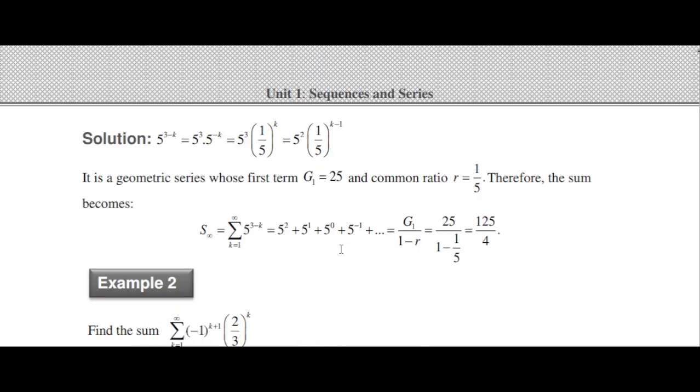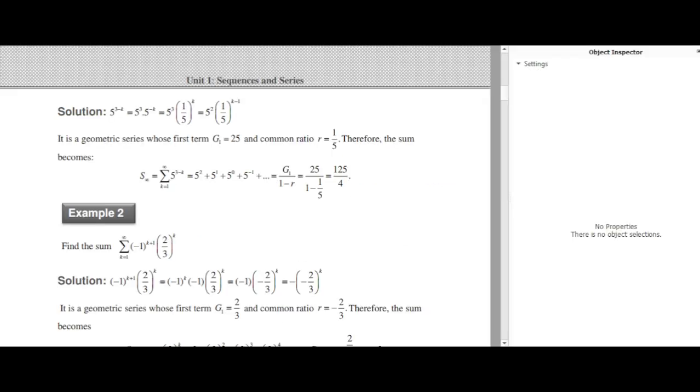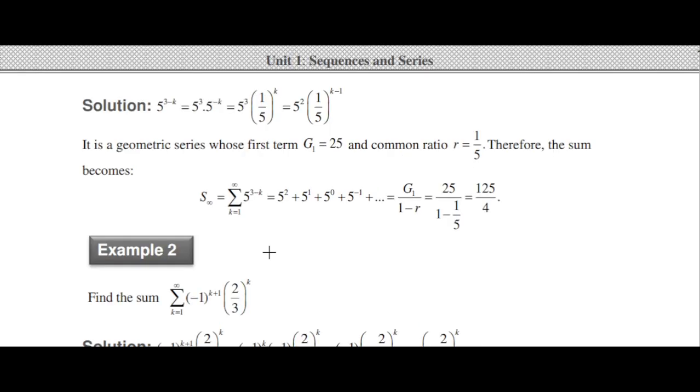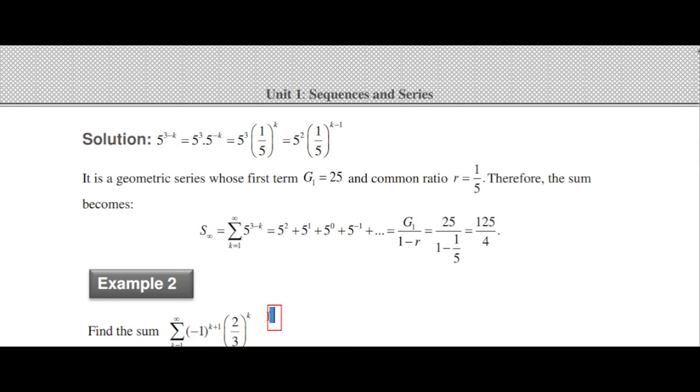Okay, let's see example number 2. For this series, let's list out some terms, similar to the above example. This is equal to, for k is equal to 1, minus 1 to the power of 1 plus 1 is positive, 2 over 3 to the power of 1 is 2 over 3.